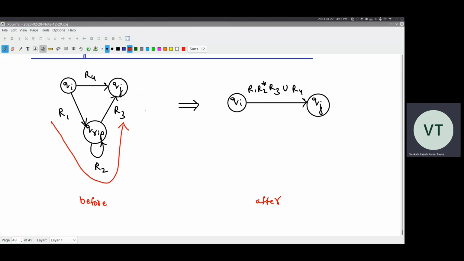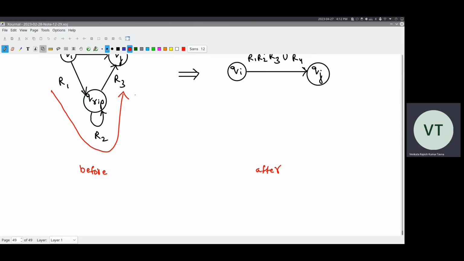You will get an order of the regular expressions: first R1 will come, then R2 star, then R3. If the direction of the arrows were different, then you cannot do this. So implicitly it is also being told to you that you cannot remove any and every state. You can remove only those states which are part of a directed path. Okay, so let's continue.